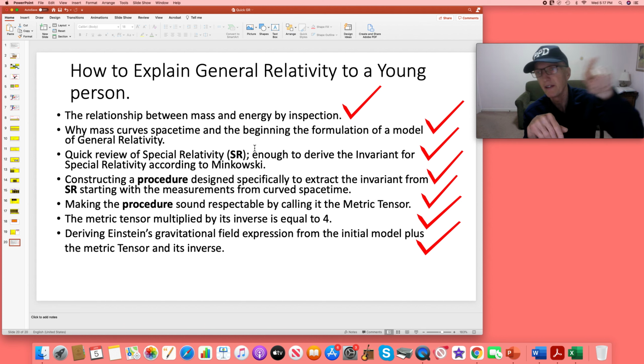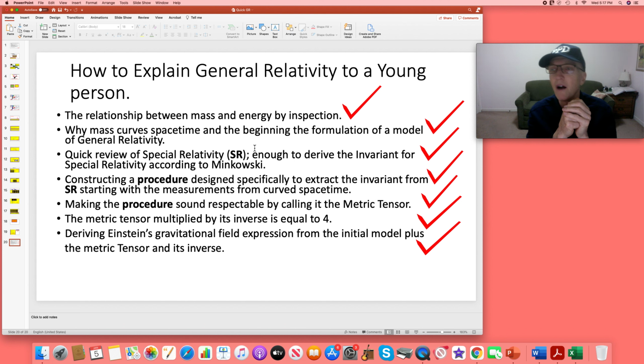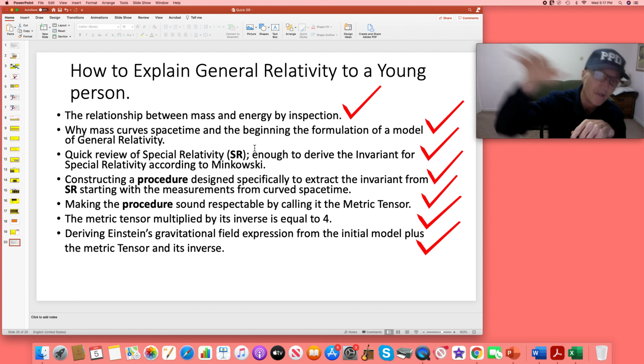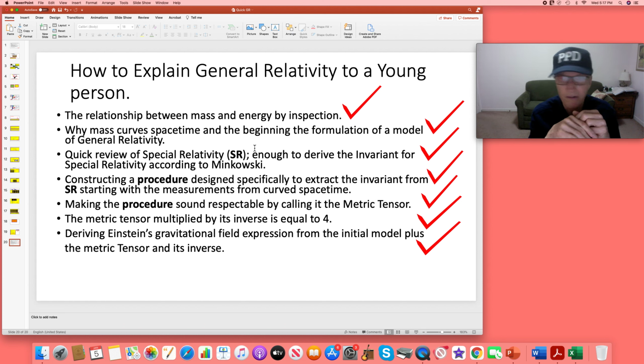You have to make sure that the other side, the curvature side, also behaves itself and has a derivative equal to 0. I'd go through that and prove it. We're not going to do that here for obvious reasons. We're explaining it to a young person. But it's in General Relativity number 6 if you want to see it.